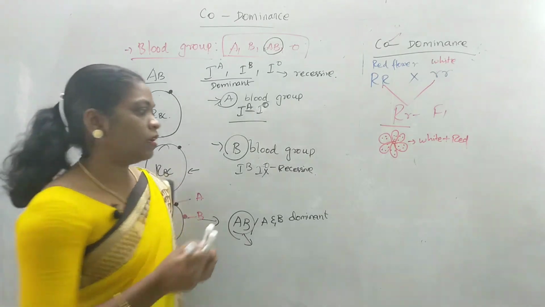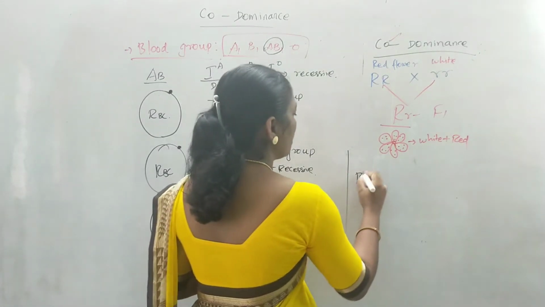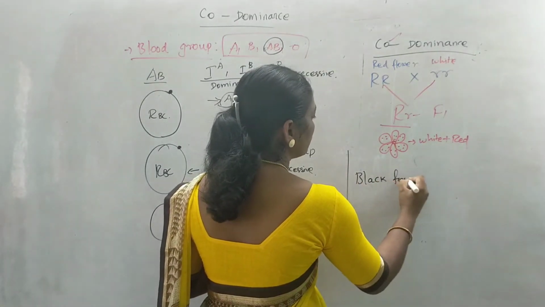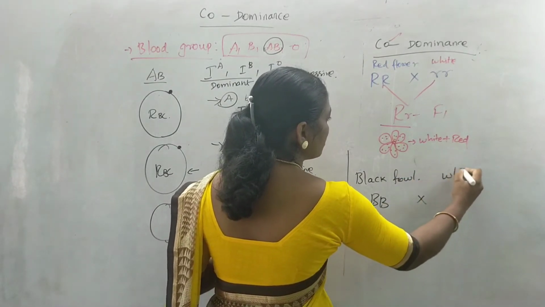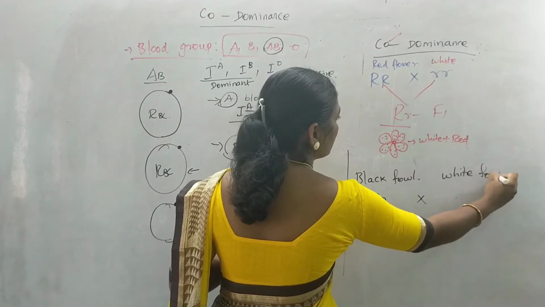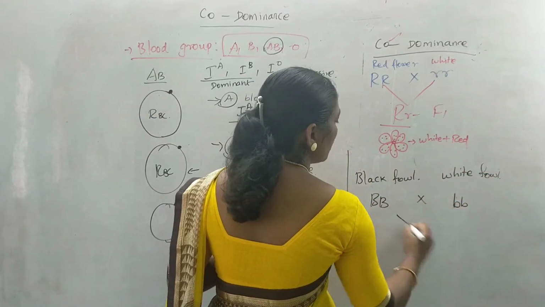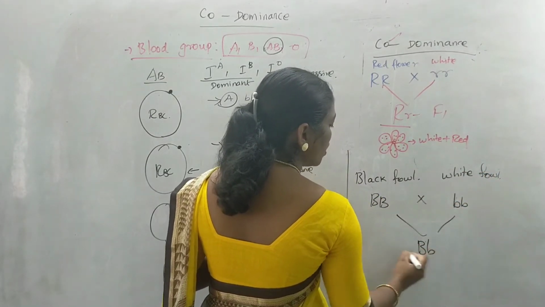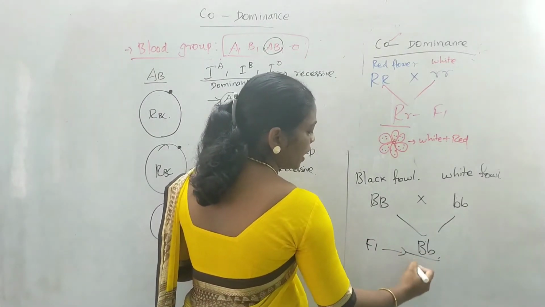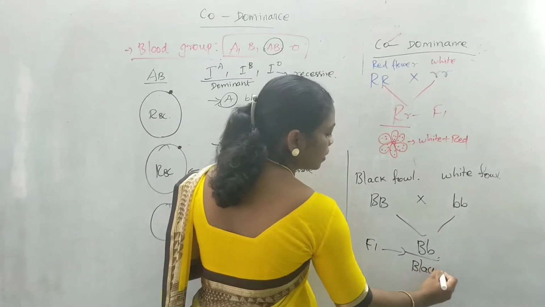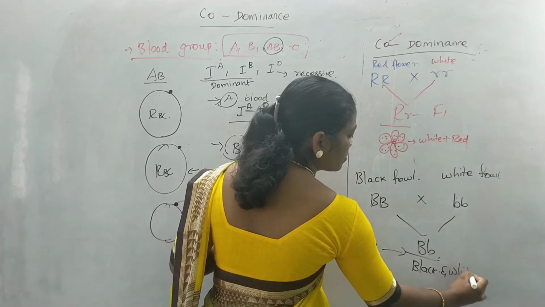Okay, when we cross the black color fowl, we'll take capital B, capital B. If you are going to cross with white fowl, we are going to get small b, small b. In the combination of capital B and small b, the F1 hybrid has both black and white color feathers.